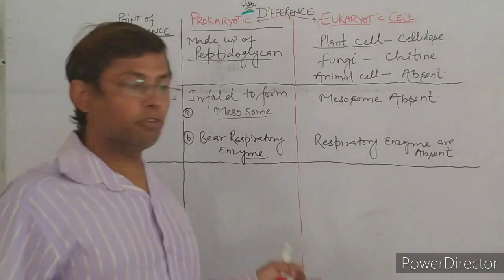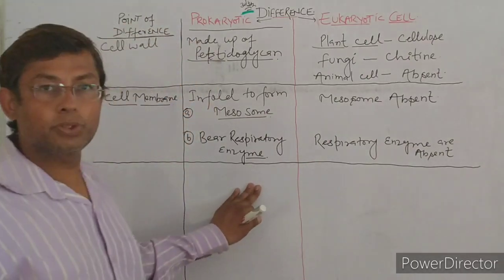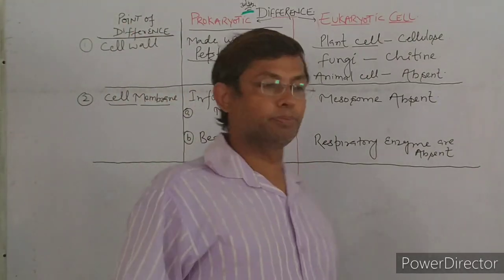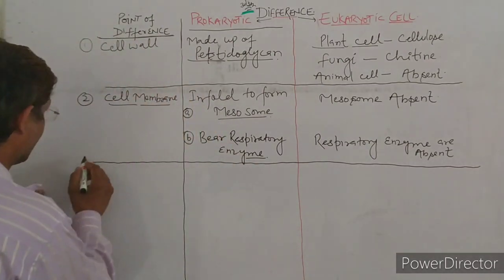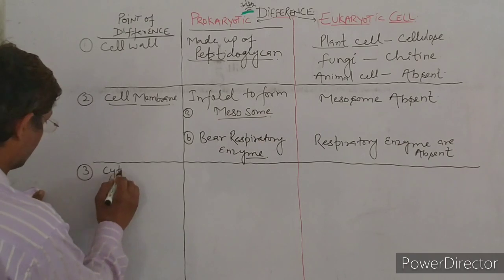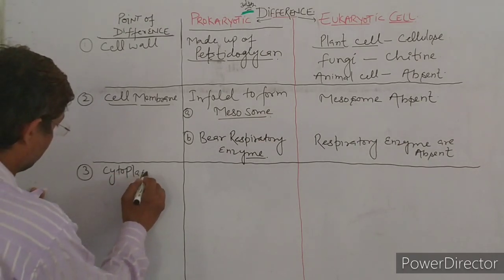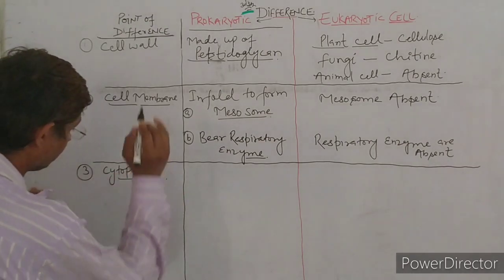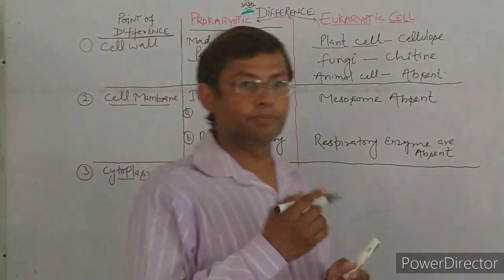Then third, after the cell membrane, comes the cytoplasm. Another point of difference is the cytoplasm.